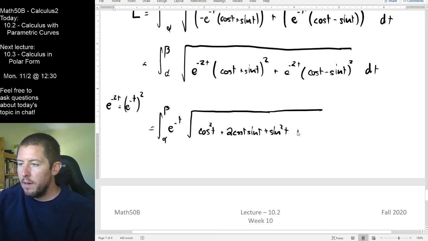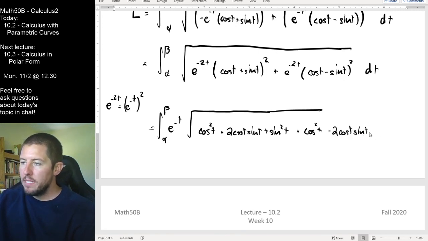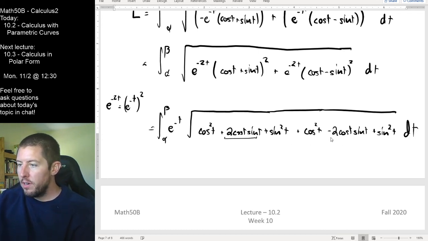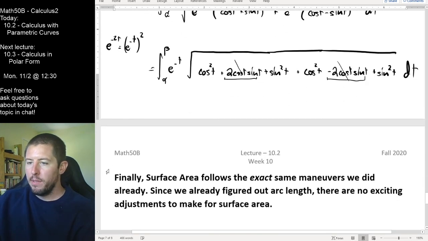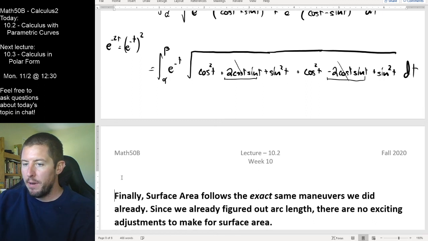Our next grouping here is plus cosine squared t, minus 2 cos t sine t, and on the end, a positive sine squared. And the great news here is that that term and that term cancel. It looks like I have two positive cosine squareds and two positive sine squareds. I'm adding up sine squared plus cosine squared. I think I'm going to be in really good shape here.